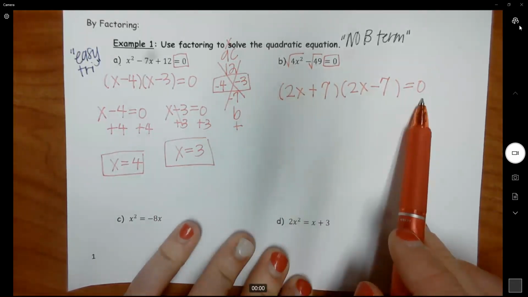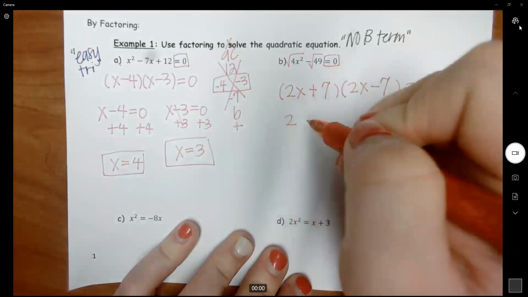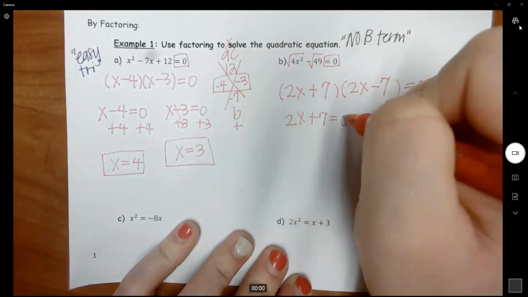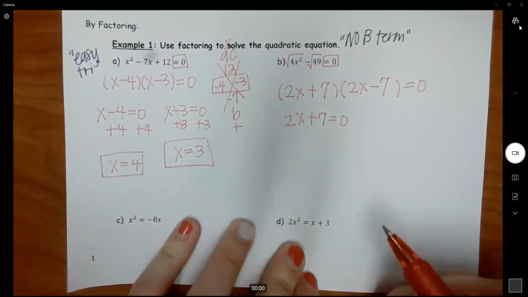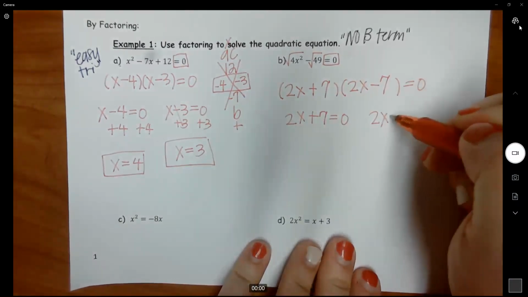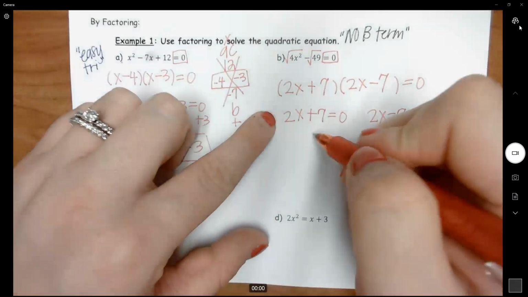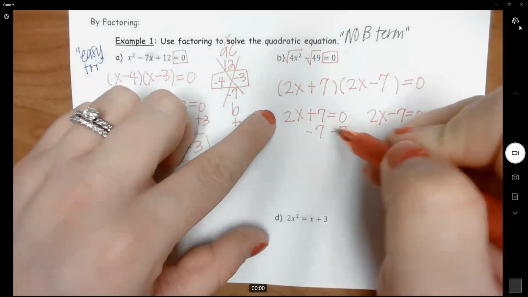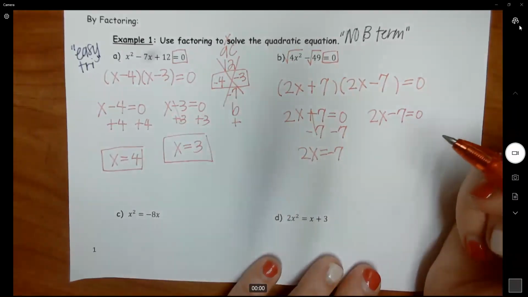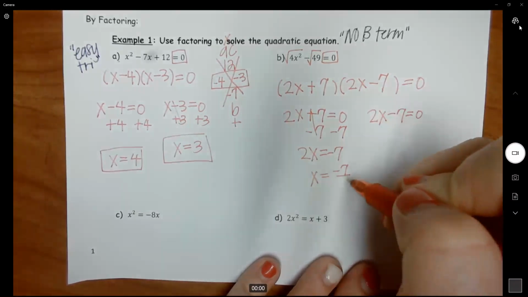So now that this is factored, we will use our zero factor property and take both of these factors and set them equal to 0. So I have 2x plus 7 equals 0 and 2x minus 7 equals 0. So on this first one, we'll subtract 7 over and then divide by 2 to get x equals negative 7 over 2.